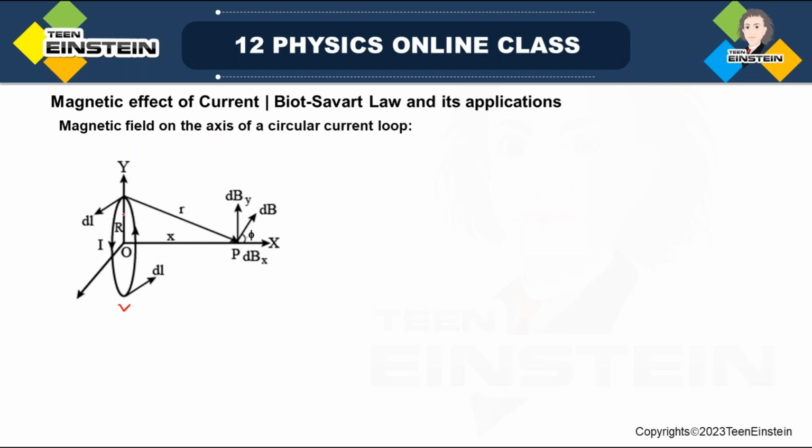This is a loop of radius r. As you see, this is radius r, and we have to calculate the magnetic field at a distance x. So this point P is at a distance x from the center of the current carrying loop.